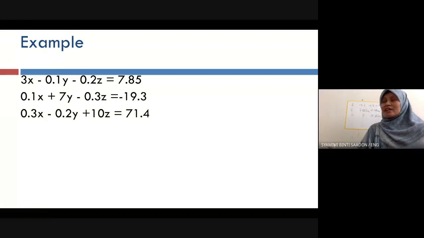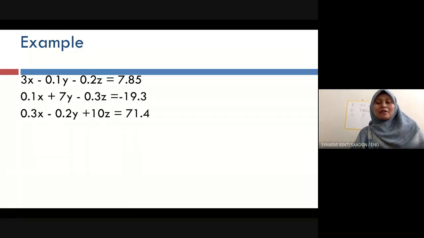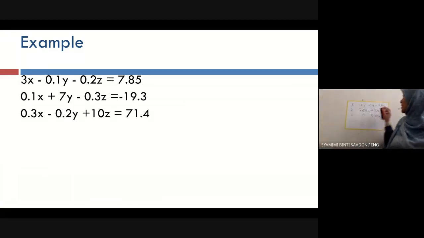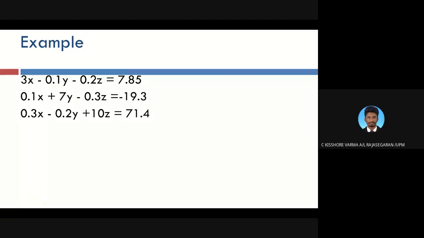So x3 is around 7, even if 7.00 or 6.999. x2 is minus 2.5, and x1 is 3. If you get 2.99, that is correct.